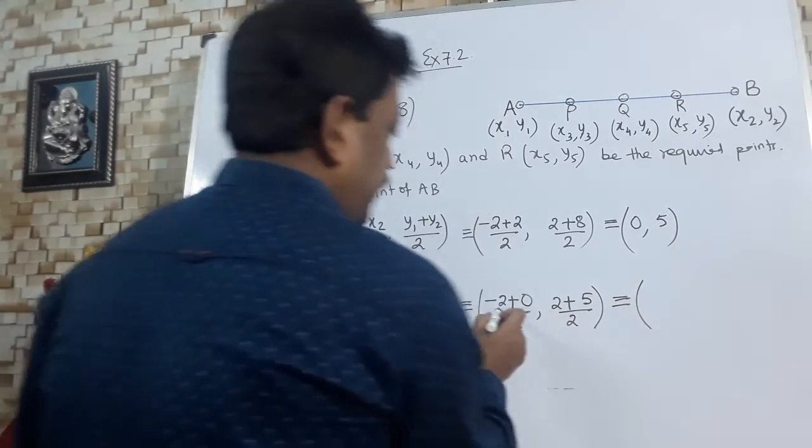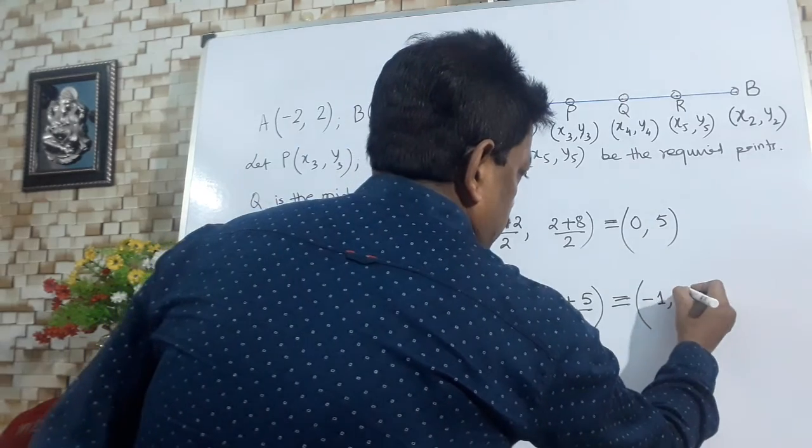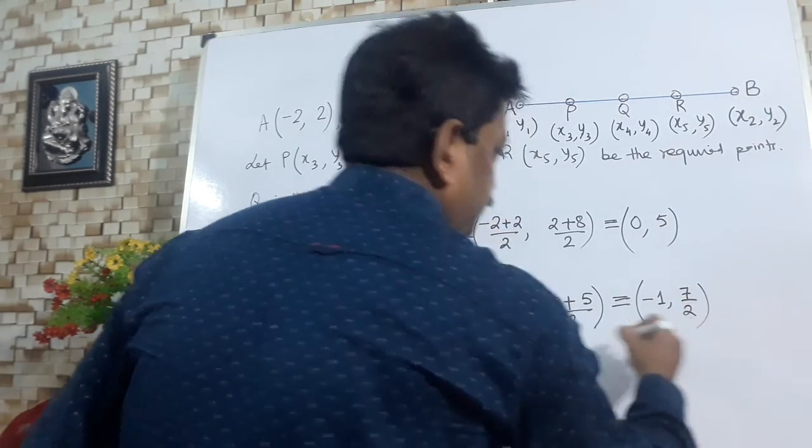So the coordinates will be, -2 plus 0 is -2, -2 by 2 is -1, and this will be 7 by 2.